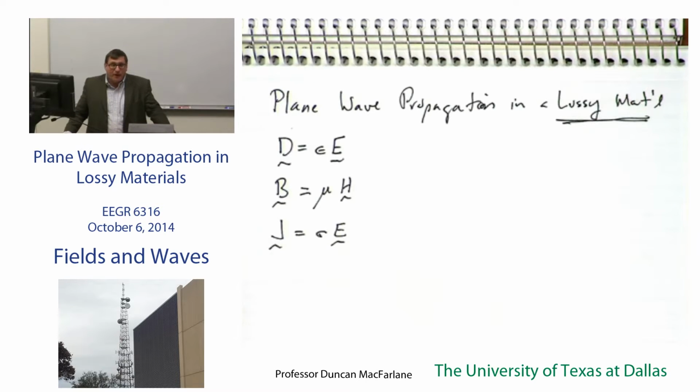Okay? If I think about what a finite conductivity means, however, it means that I not only have a conductor, but by its nature I have a resistor. And if I have a resistor, then I have something that I can heat up and make toast out of. So it's a loss term.